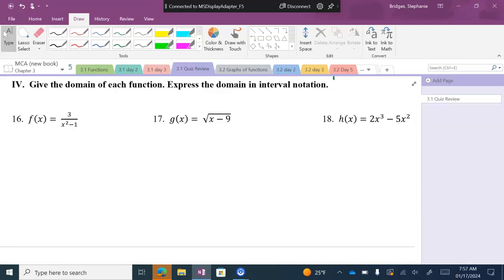So remember, there are 2 things that give us exclusions. One being a fraction. Your domain will be everything with the exception of what makes that fraction's denominator turn to 0. I'm going to write them up here too because it's a little bit small.